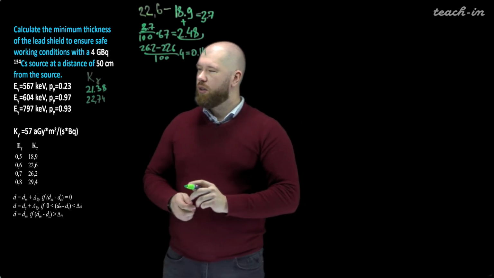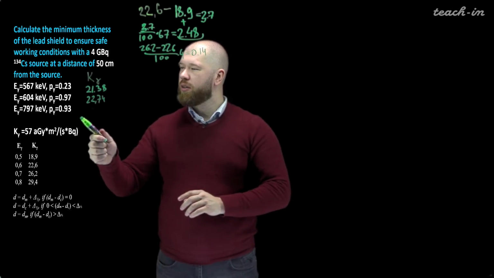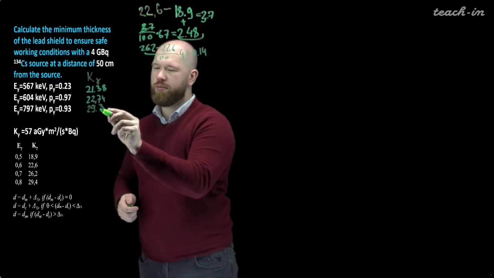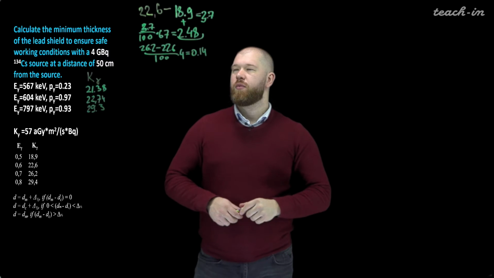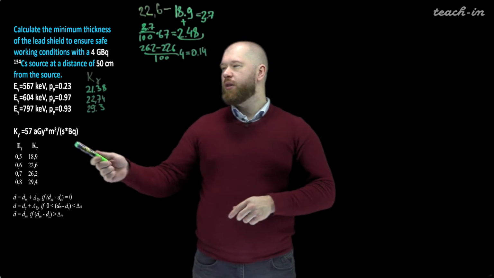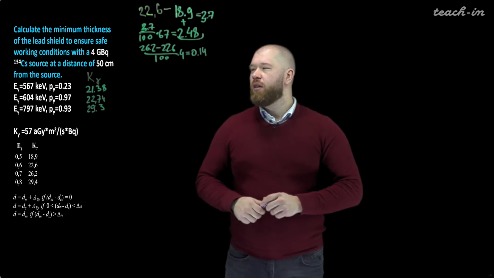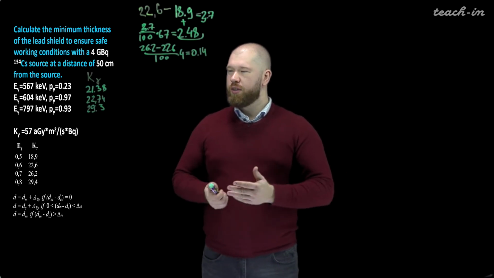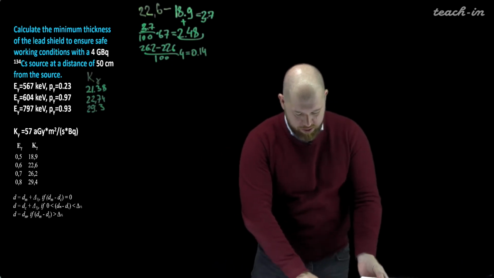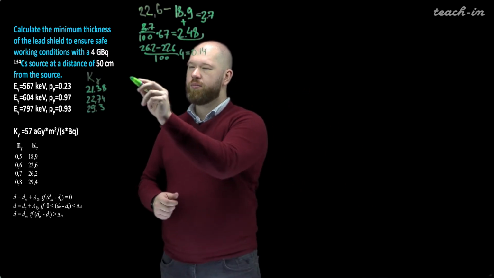And for our last value of the energy of gamma quanta, it will be 29.3 something. Okay, now we know the gamma constant for the entire radionuclide, and from this we have to calculate the partial values of this gamma constant.